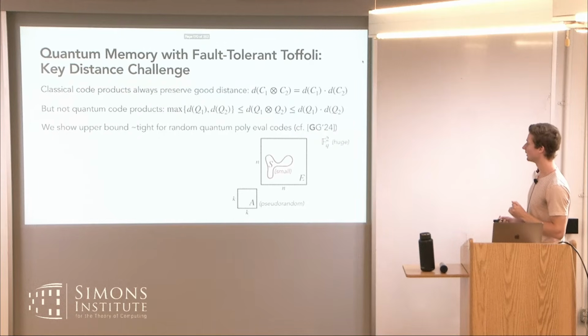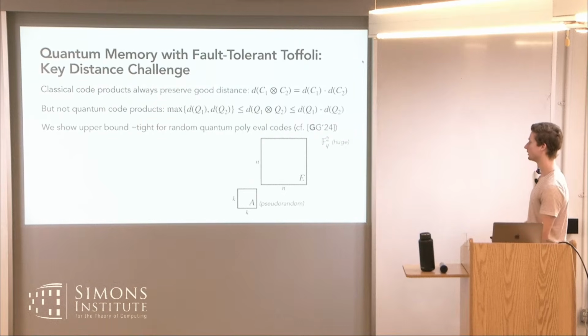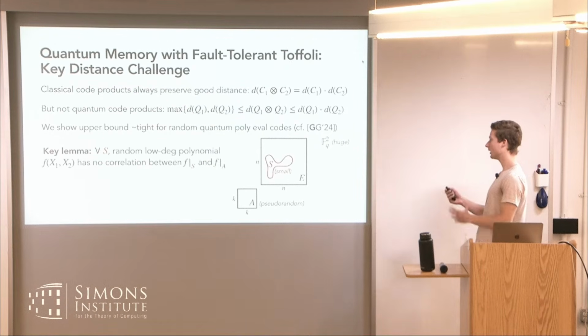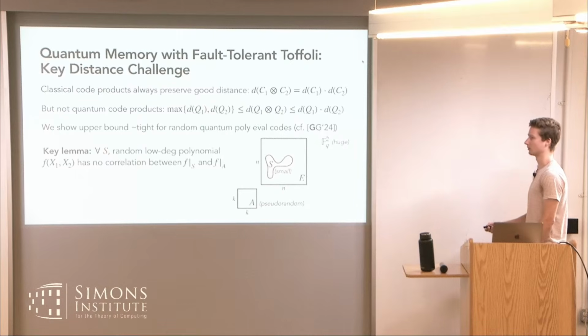The core statement is that if we take some vector space over a huge field, I'll draw it in 2 dimensions, but really it should be some higher number t of dimensions, then we fix some n by n rectangle E, and a smaller k by k pseudo-random rectangle A, which can be actually random or appropriately pseudo-random. We want the property that over this huge field, for this appropriate choice of rectangles E and A, for every small set S inside E, for a random low degree polynomial, like a random bounded degree polynomial, the evaluation of this polynomial on S has no correlation with the evaluation of this polynomial on A.